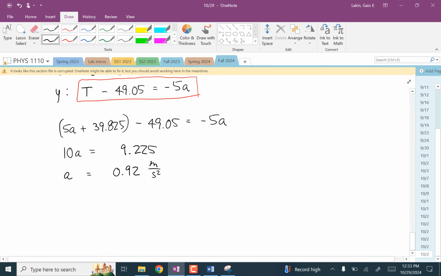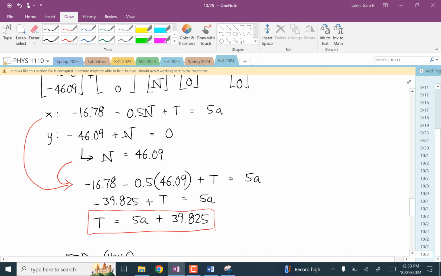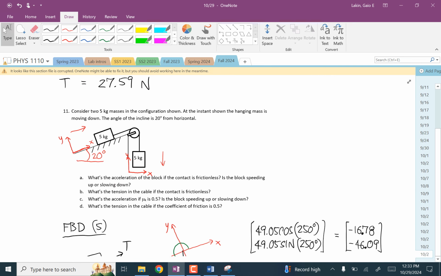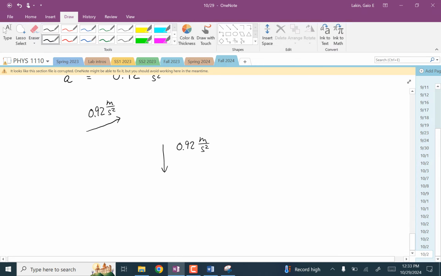So it's accelerating this way and this way, 0.92 meters per second squared, 0.92 meters per second squared. And is this one speeding up or slowing down? Initially the hanging mass is moving down. That's also the direction of its acceleration, so it's speeding up.